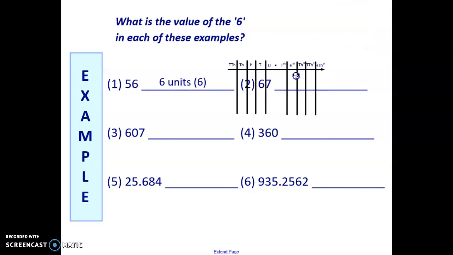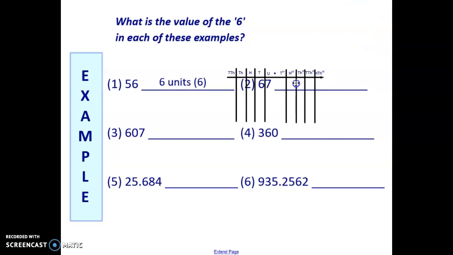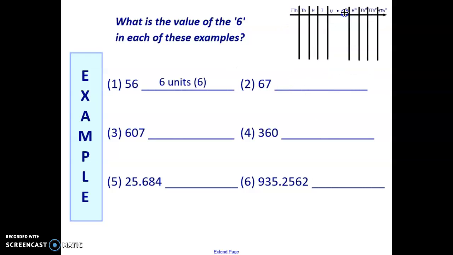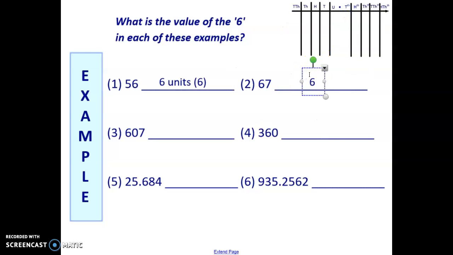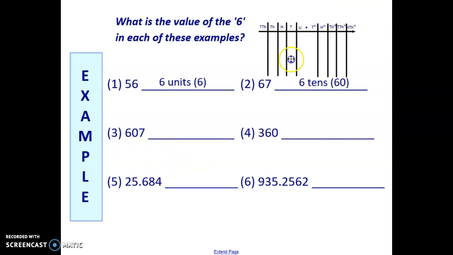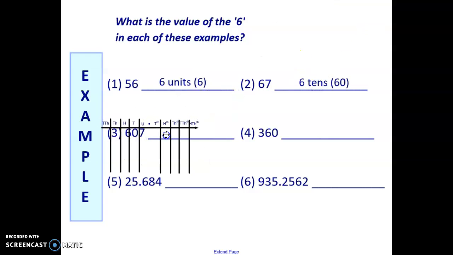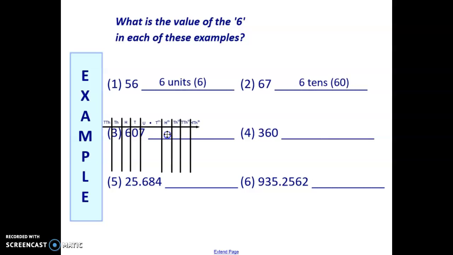If I do the same with number 2 and line up the decimal point at the end of the number here, I can see this time the 6 is in the tens column. So this one is worth 6 tens, or the quick way of writing it is 60. For number 3, if I line them up with the decimal point at the end of the number, I can see that the 6 is in the hundreds column.